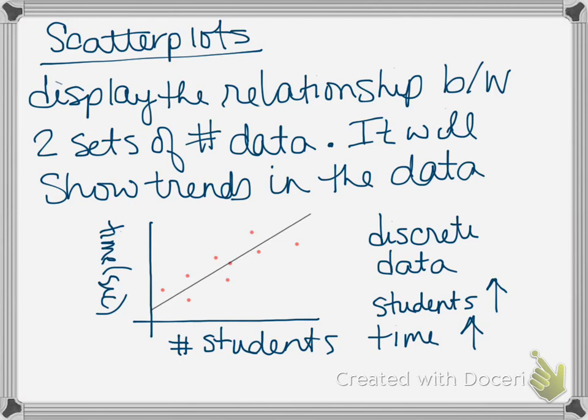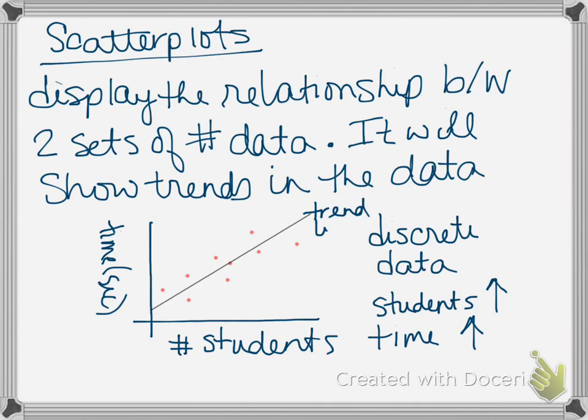And what we can do with this, when we'll look at this tomorrow with the calculator, is we can pick a couple of coordinates that fall on that line, and then we could write that equation. And what that equation is going to represent is the average for that situation.